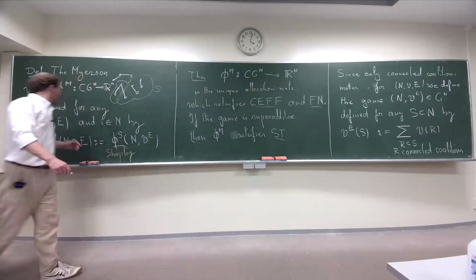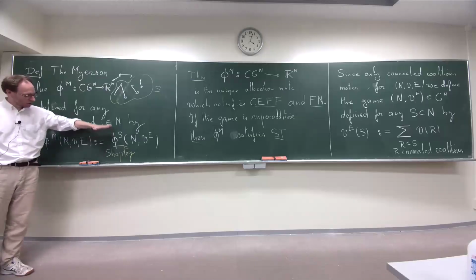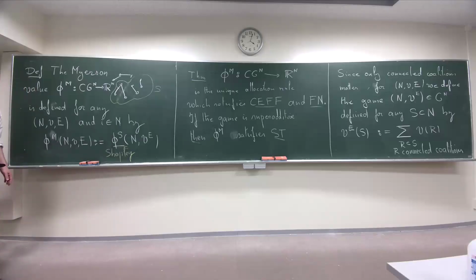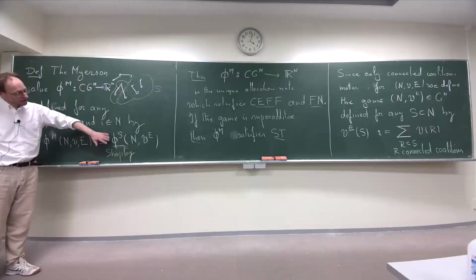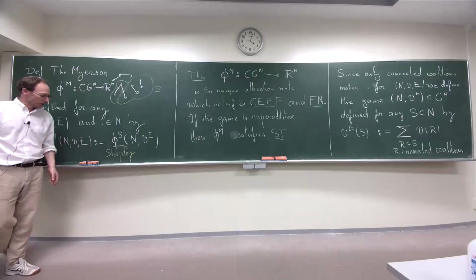I just defined this Myerson value, which is based on Shapley. Shapley is important. I already mentioned at the beginning, it even appears in machine learning. And if you look at the definition, it's something rather complicated, but it contains some information.